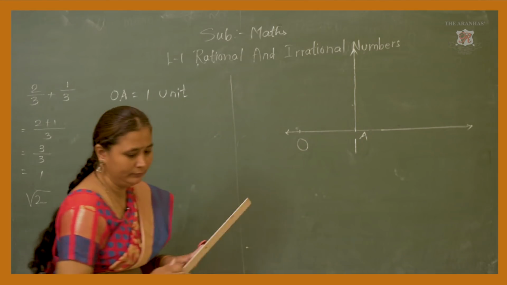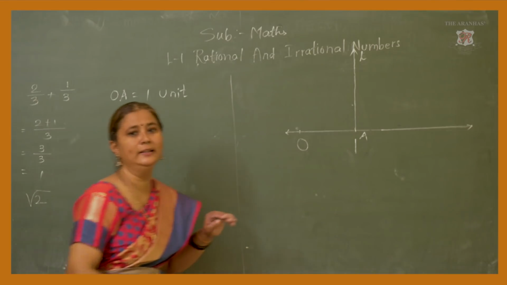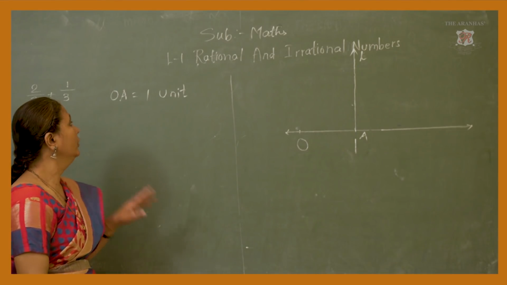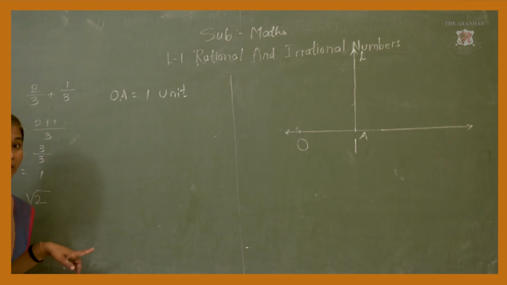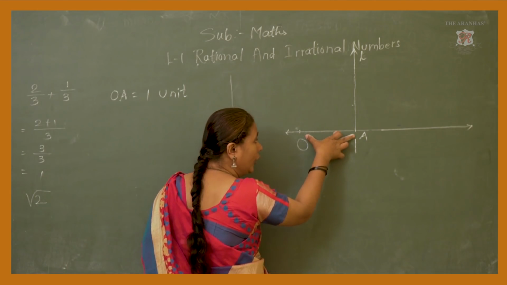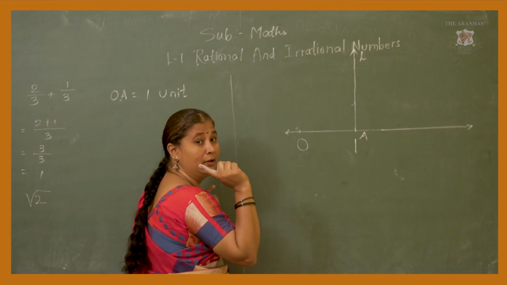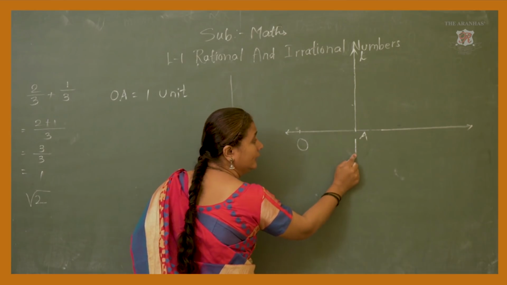and remove the protractor and take a perpendicular line. Okay, perpendicular line, and denote it as line L. Okay, now to get root 2 here, how much distance did we take in OA? 1 unit.